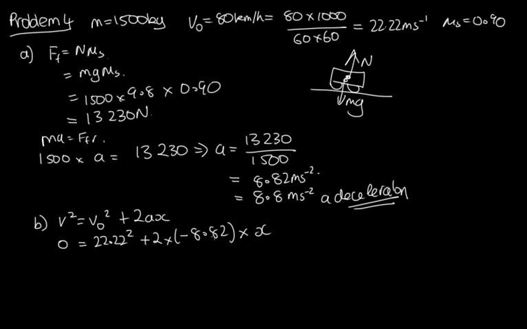And so we can move this part over to the right hand side and then divide by the 2 times 8.82, and we have x is equal to 22.22 squared over 2 times 8.82, and solving that one on the calculator, we end up with 27.9, which is equal to 28 meters to 2 significant figures.